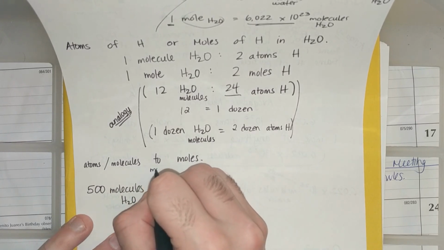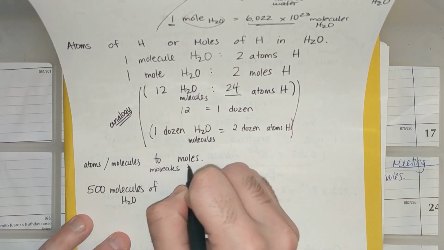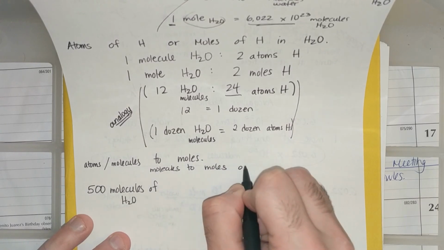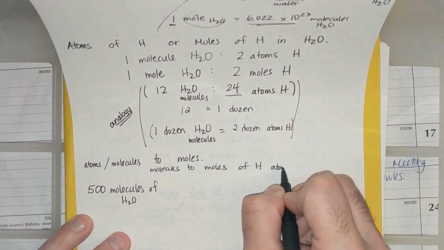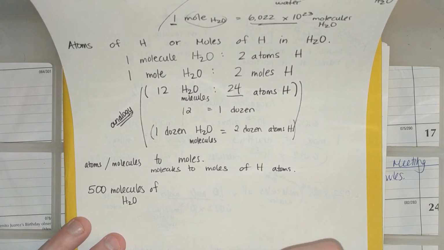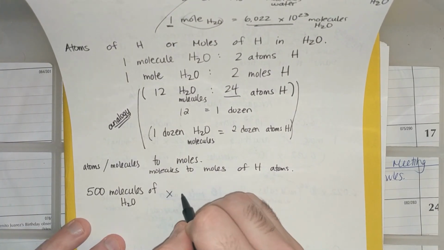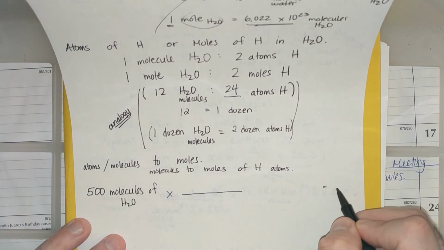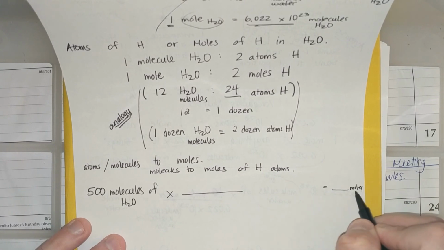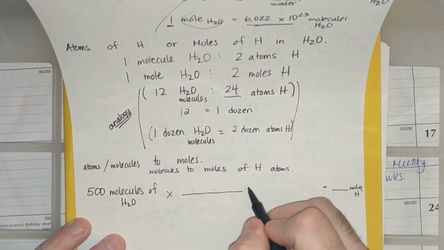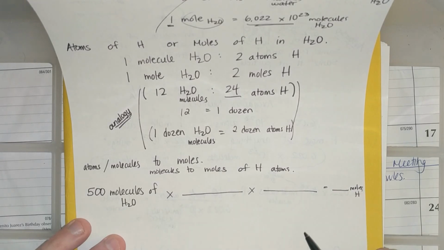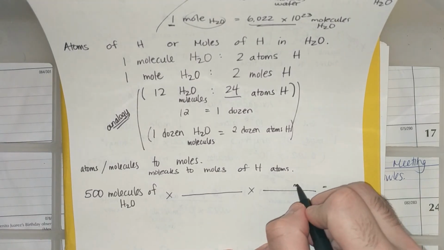So I want to go from molecules to moles of H atoms. Now we have to be careful. I want moles of H over here. Later on, I'm going to need something that ends up with moles of H.